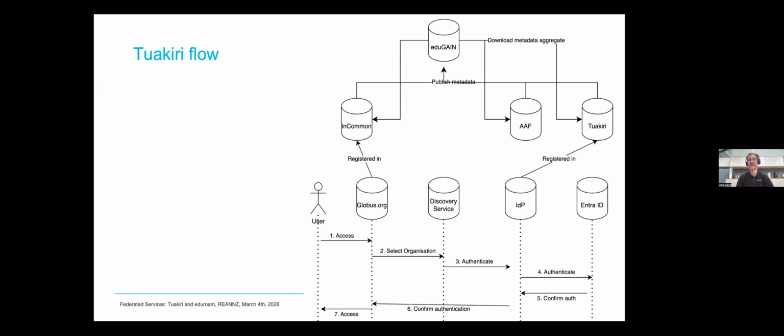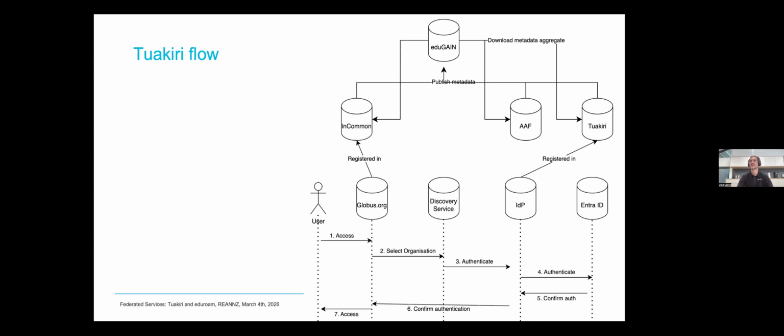If you look at the upper half of the diagram, at how the metadata is exchanged, each service and each IdP is registered in the national federation. So the diagram shows InCommon, the US federation, AAF, the Australian Access Federation, and Tuakiri, the New Zealand identity federation. And all of these publish metadata into eduGAIN, and in turn download the eduGAIN metadata aggregate.